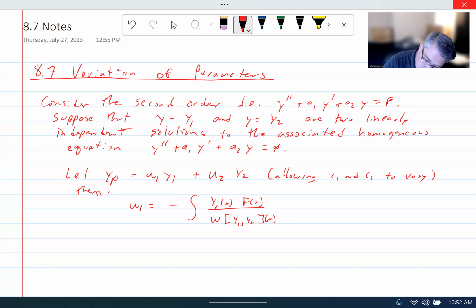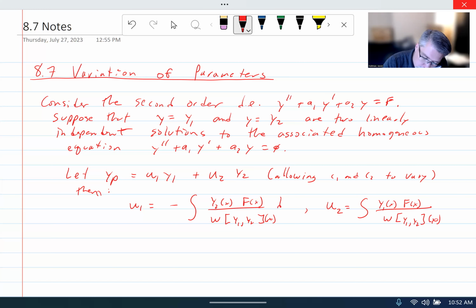Okay. And u2 is equal to the integral of y1 of x, f of x, over the Wronskian y1, y2 of x.